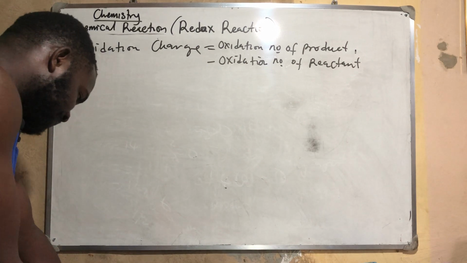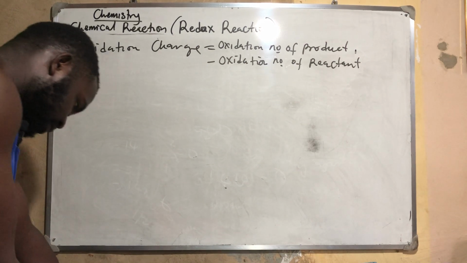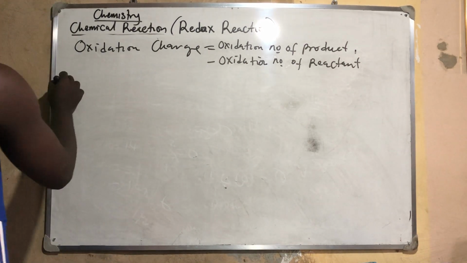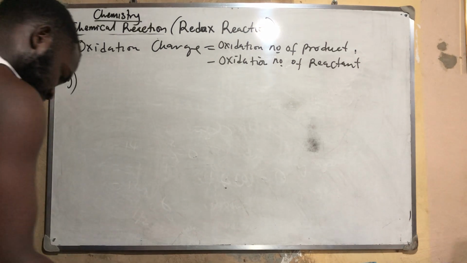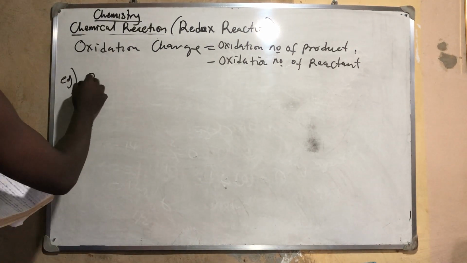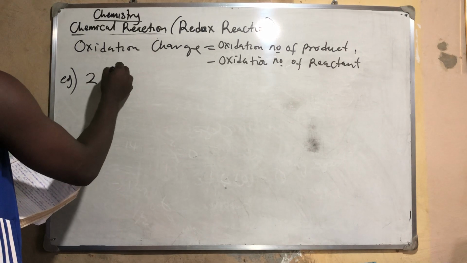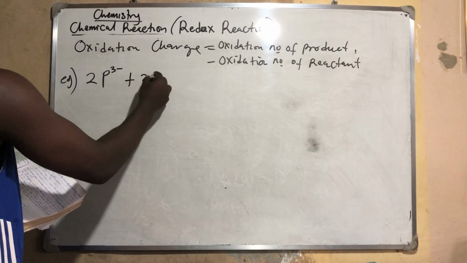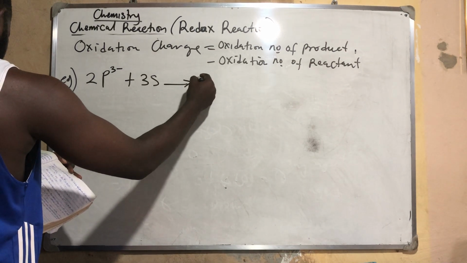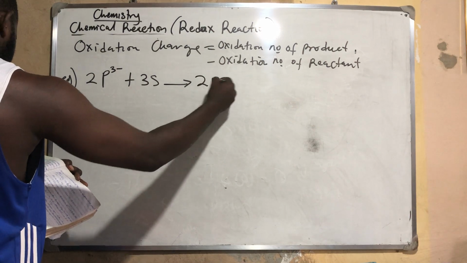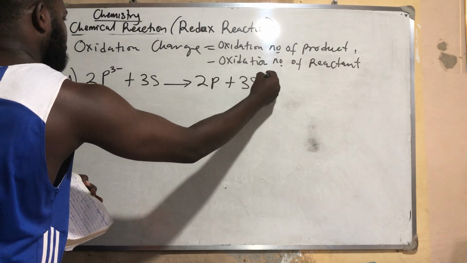So we have that example they gave us: 2P^3- plus 3S to give us 2P plus 3S^2-.